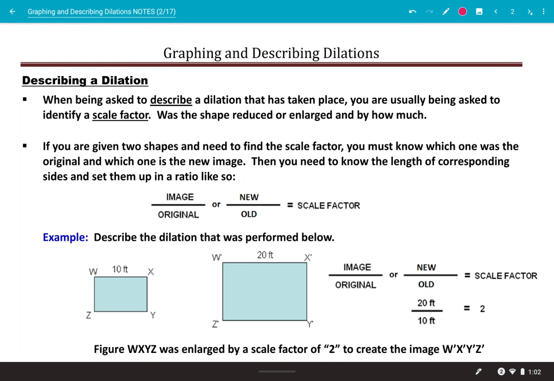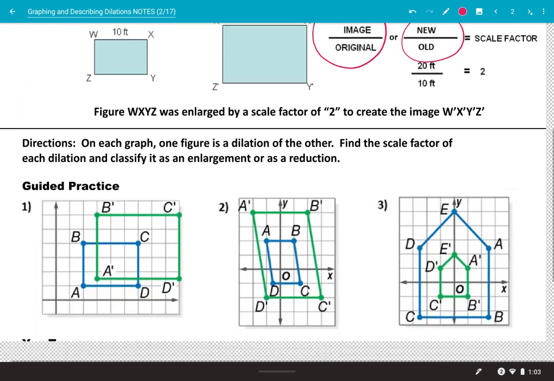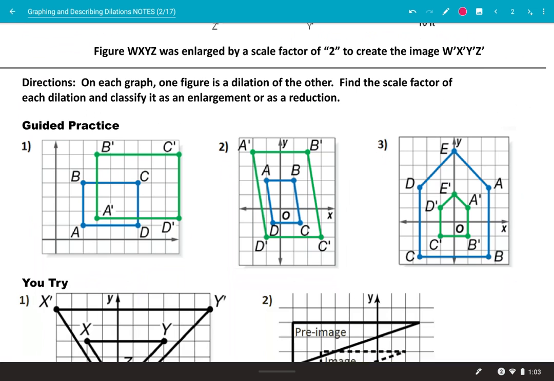If we're given the shapes, can we figure out what the scale factor is? What we're going to do is take our new image and divide it by the original. New divided by old will give us our scale factor. So here is our new over our old, just so we remember. And we really only have to pick one letter.